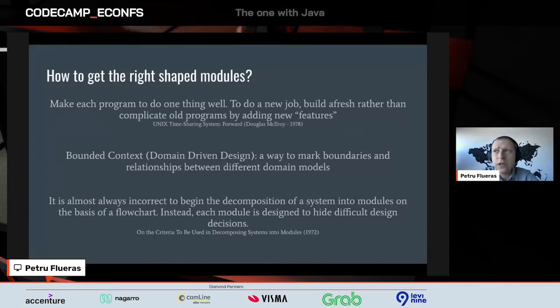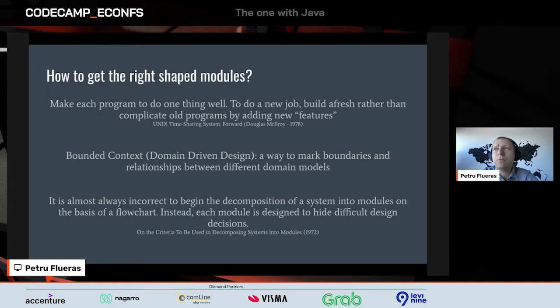Again, if we take a look at domain-driven design, it introduces the bounded context. The first-class entity in this design are the domain models. So everything is shaped around the domain models.